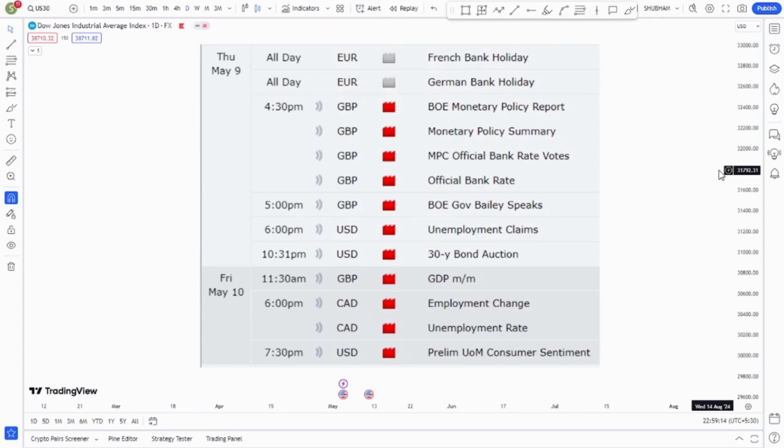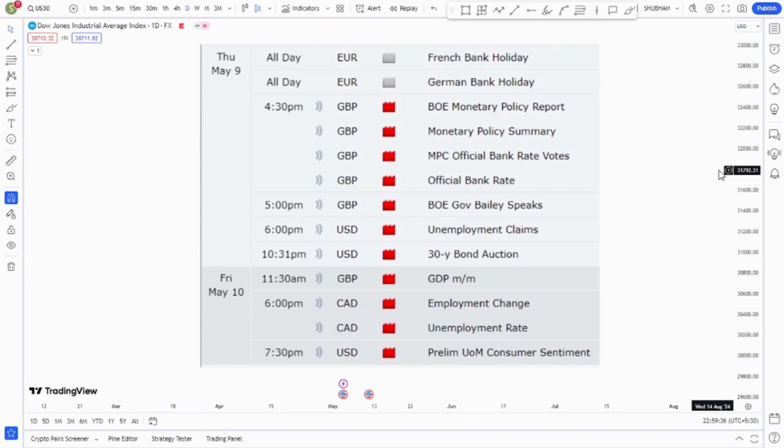Why? Because there are no bank holidays for AUD and NZD this week. Also, we have a major news driver for AUD on Tuesday itself. So there are very high chances that Tuesday can make the high of the week or low of the week based on our bias. On EUR and GBP, I am seeing many bank holidays coming one after another.